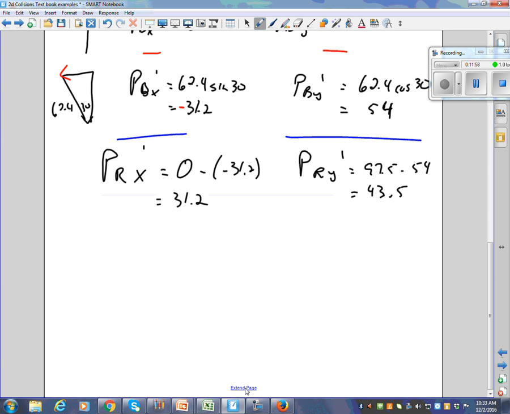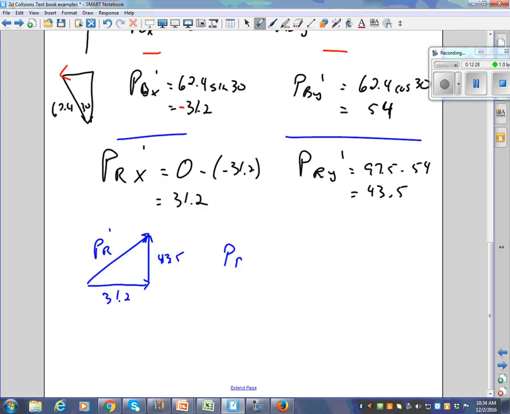Okay, so now going back to my answer here, what am I going to do? Vector subtraction? Put them back together again, right? So I'm going to take my X and my Y and I'm going to put them back together. So I'm going to draw them, showing my work, 31.2 and 43.5. And so this value here will be the momentum of the redstone after the collision.